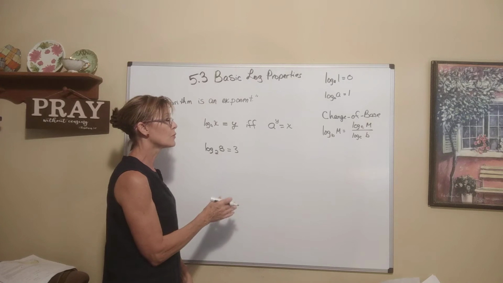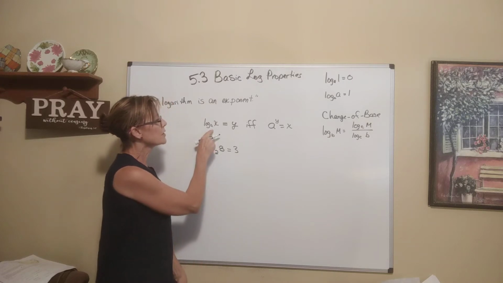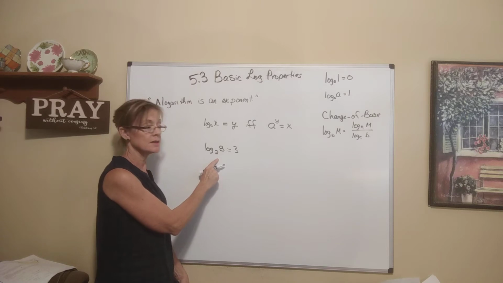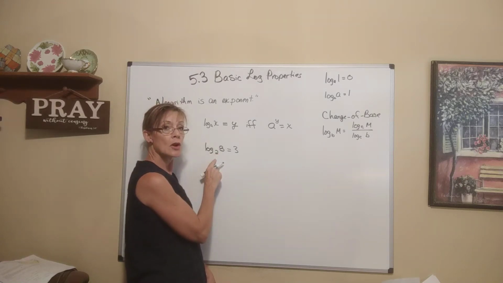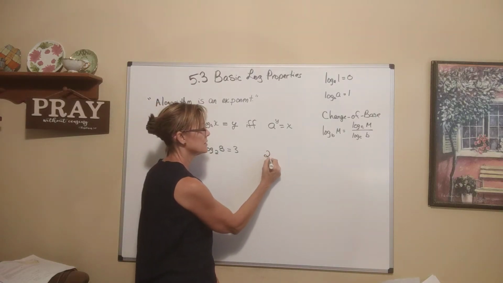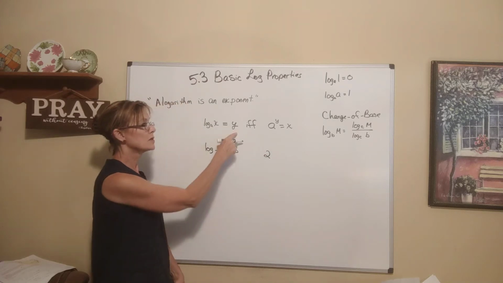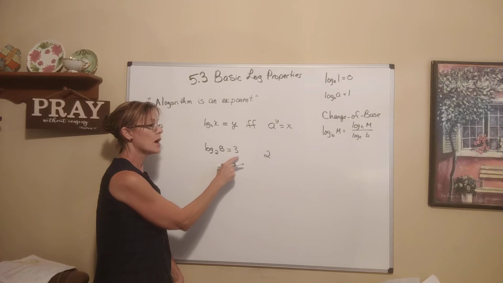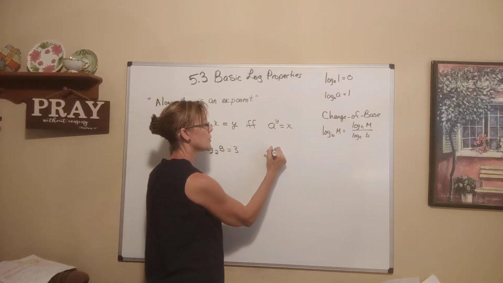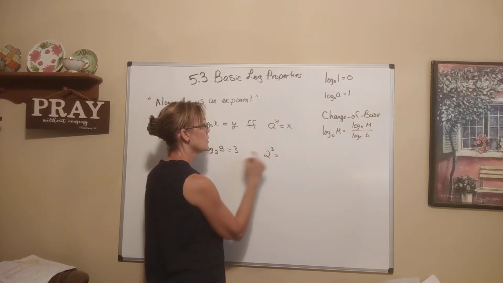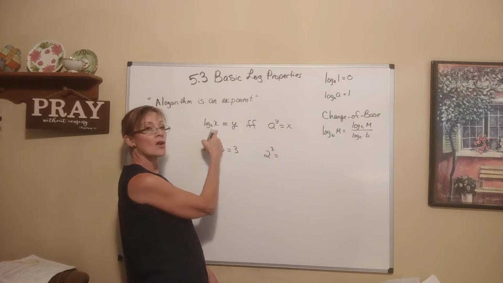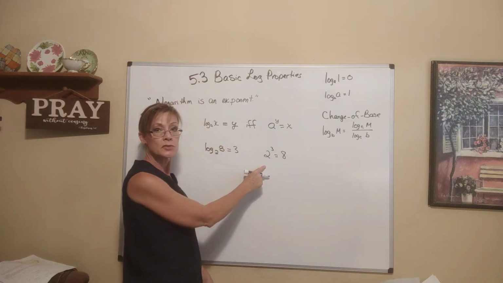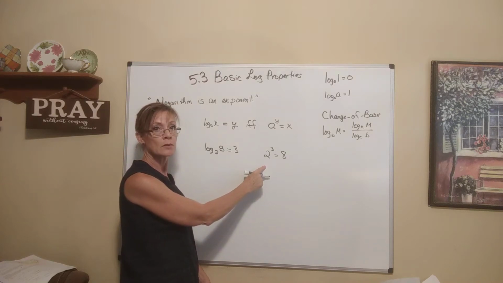Here's the base a, in this case 2. This is true if and only if 2, the base, raised to the power y, which in this case is 3, is equal to x, called the argument of the logarithm, which is 8. And we see this is a true statement: 2 to the third power equals 8.